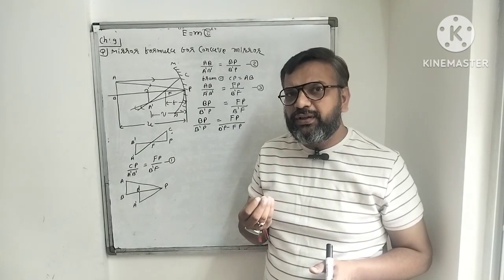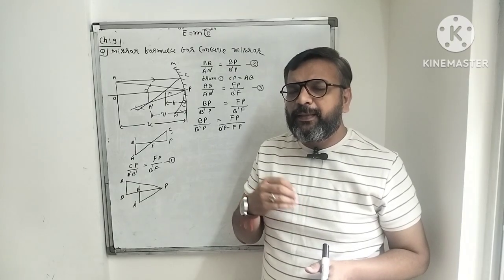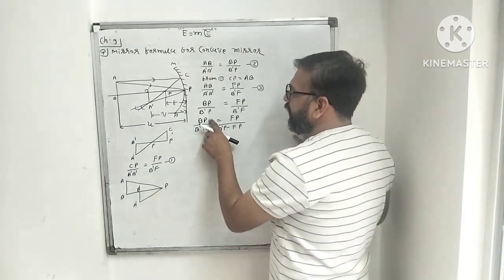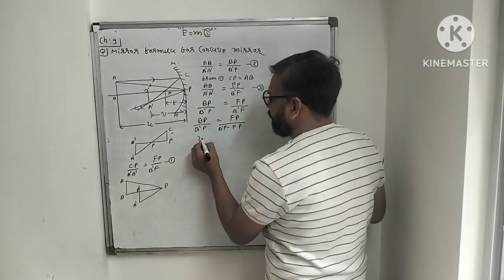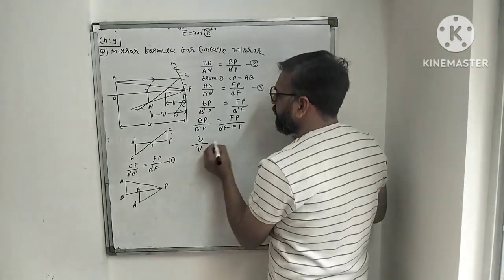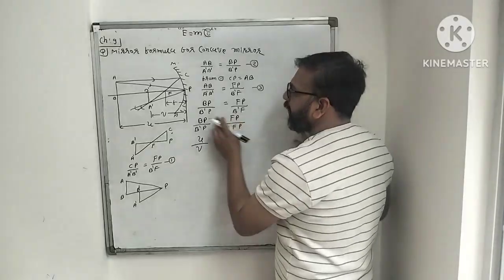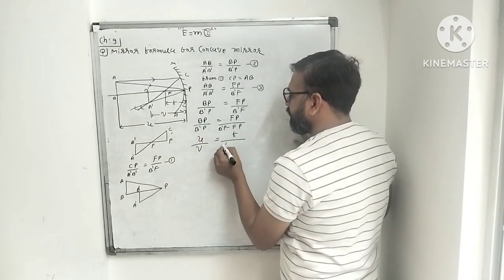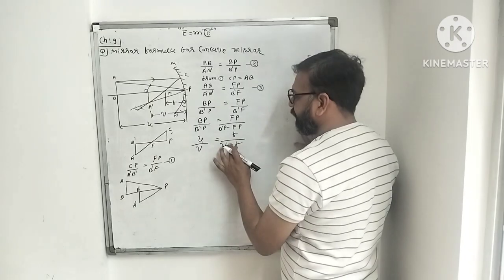For convenience, we use all the distances without sign: BP, object distance U; B dash P, image distance V; FP, focal length F.